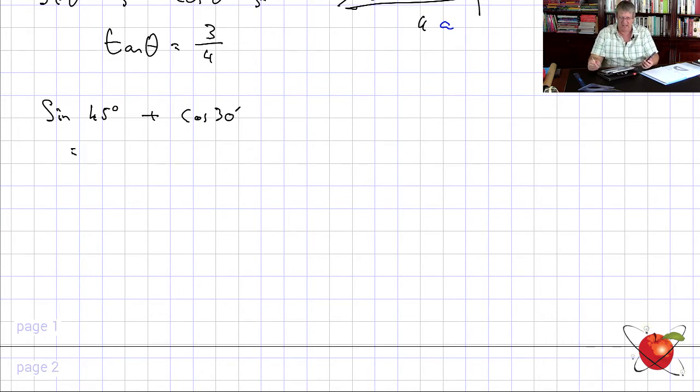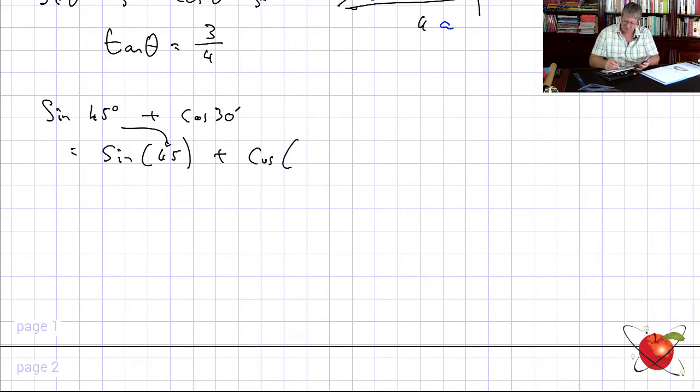It will open a bracket. It will do this for you. You put in your angle, 45, and close the bracket. Plus cos, and it will fill it in, and close the bracket. 30, close the bracket, and press equals, and it could give you this, root 3 plus root 2 over 2.